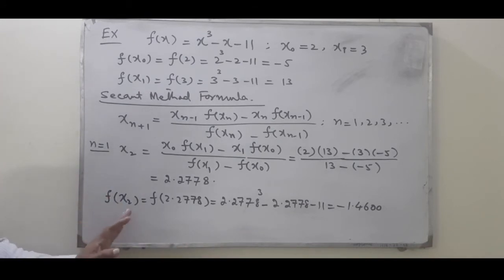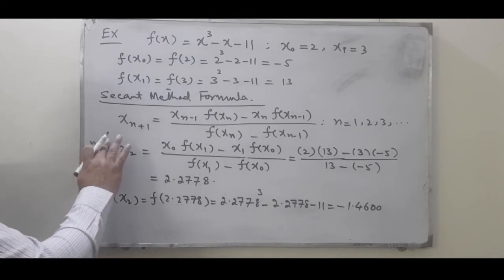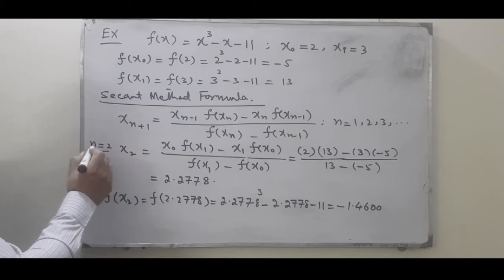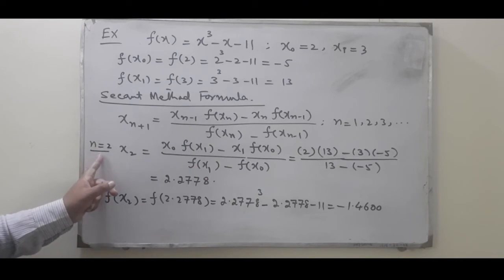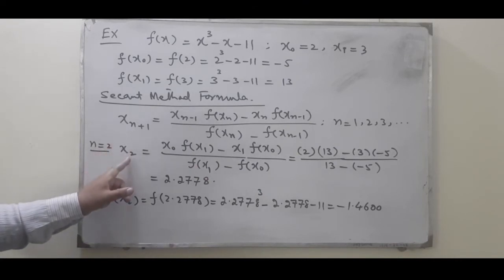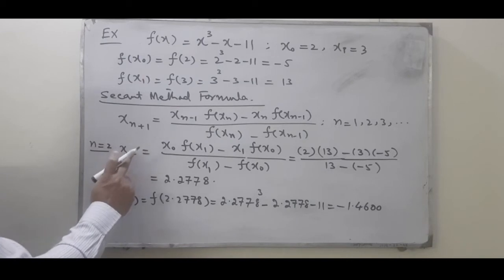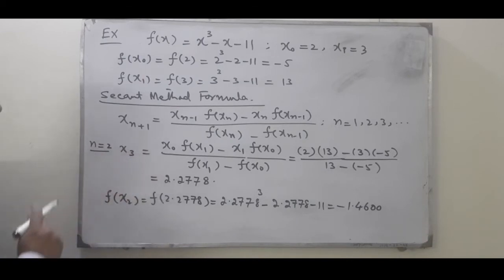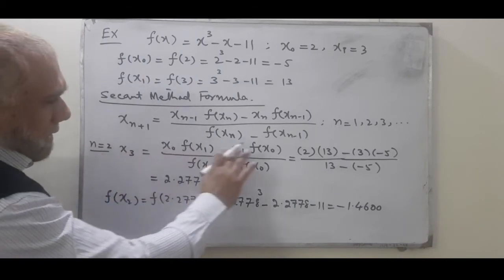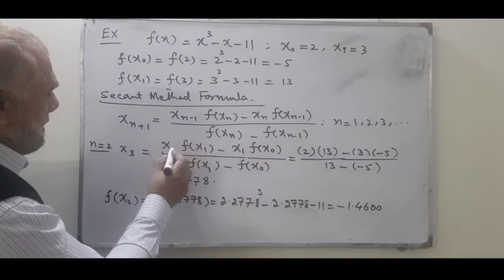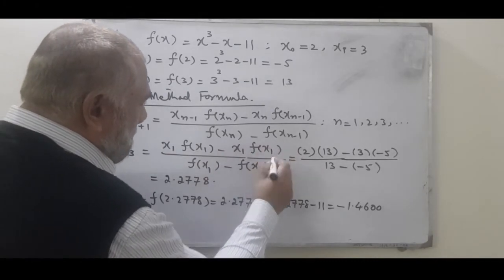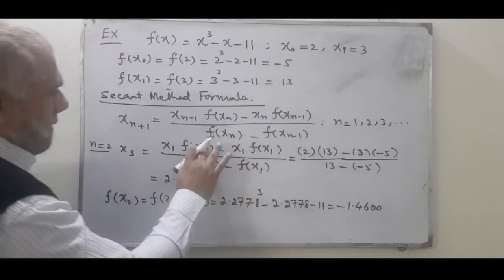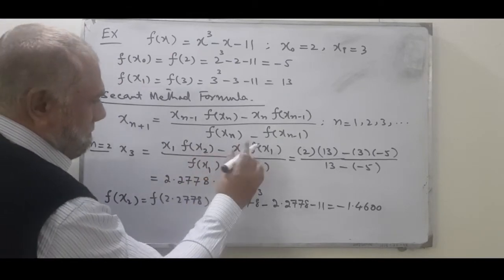Now we have to move to the next level of iteration. So we have to replace this n by 2, and note down the changes I am bringing here. First of all, take n equal to 2. On the left side, n plus 1 gives you 3 here. Where there are zeros, those will be replaced by 1, and where there are 1s, those will be replaced by 2.